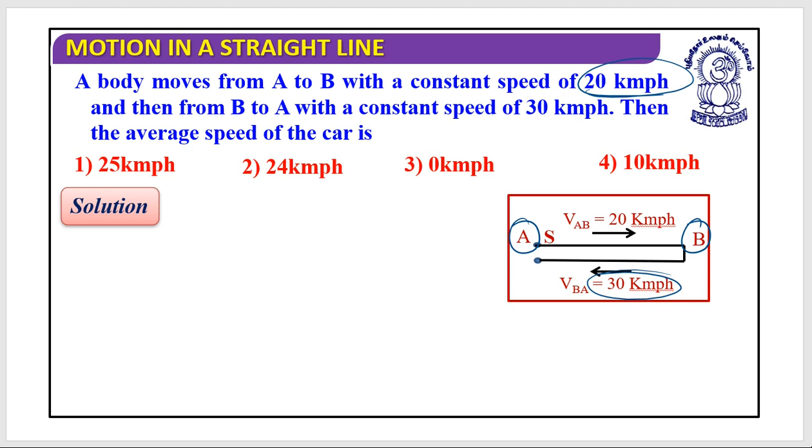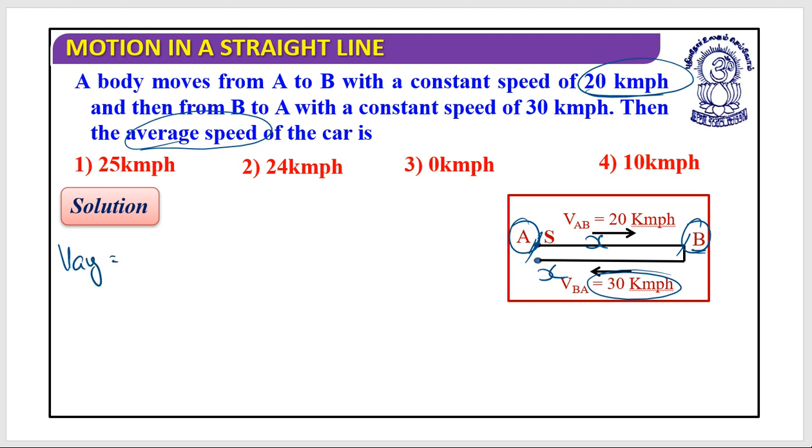Think over this very carefully. You might get an idea that first they have traveled from A to B, then from B to A, and they are asking about the average speed. Distance would be the same. This should be x, this should be x.